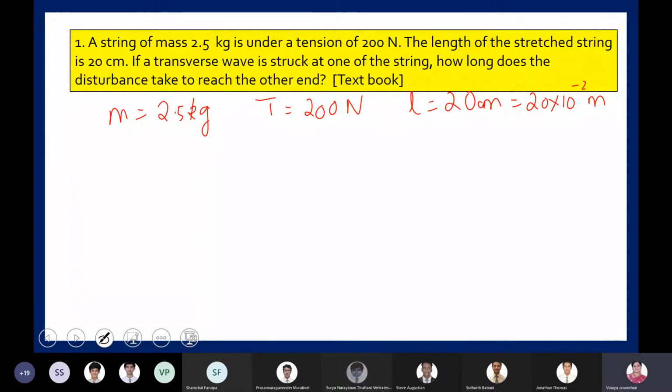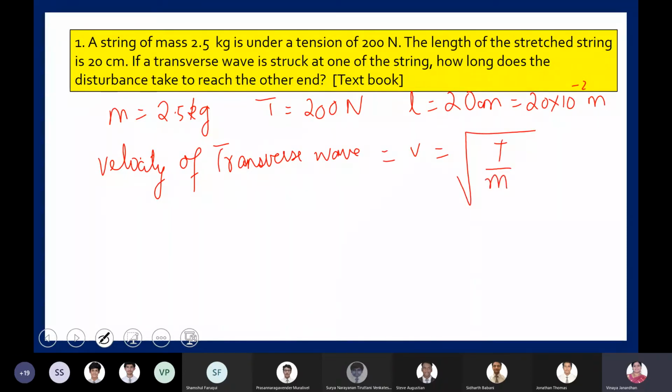So now we have to find the velocity of the transverse wave. This velocity v is equal to root of T upon m. Now what is m? m is mass per unit length, so let there be a distinction; just take this as mass. m is equal to mass upon length.